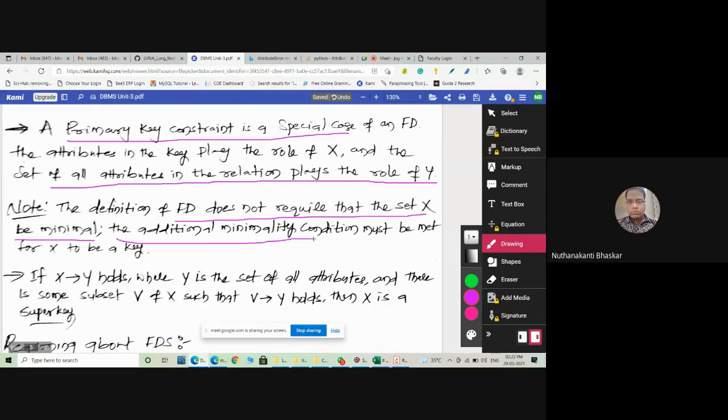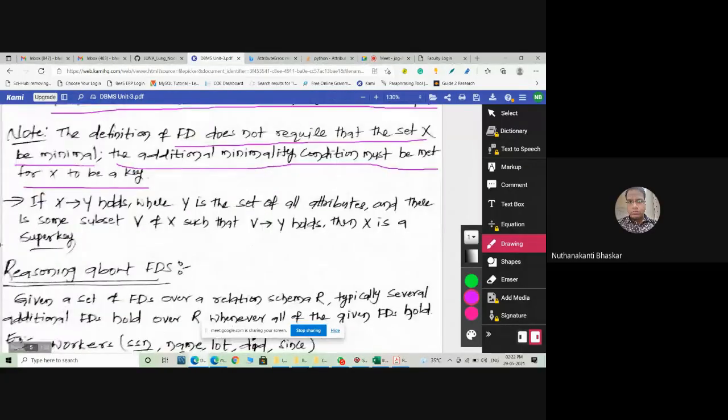The additional minimality condition must be met for X to be a key. It means if your relation contains a key attribute, a primary key attribute, then automatically the remaining attributes depend on the primary key attribute. No need to verify. Directly you can write. So this is a very important point. Please remember. Are you clear? Yes, sir.